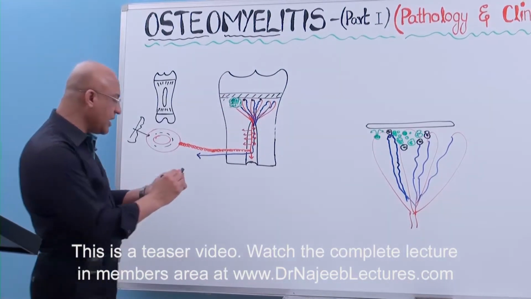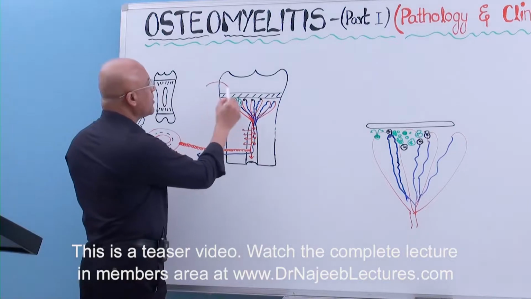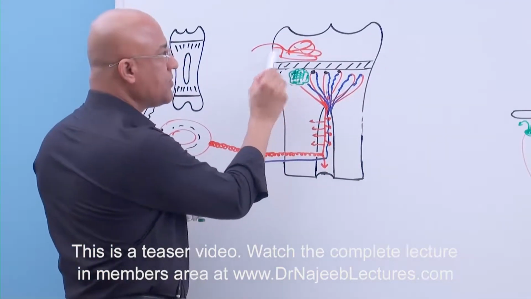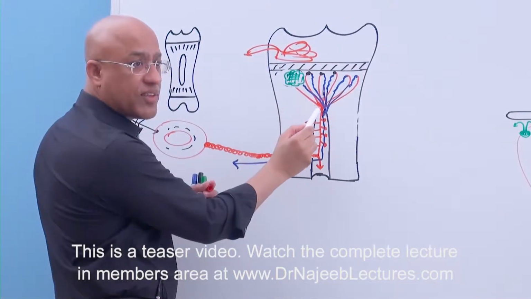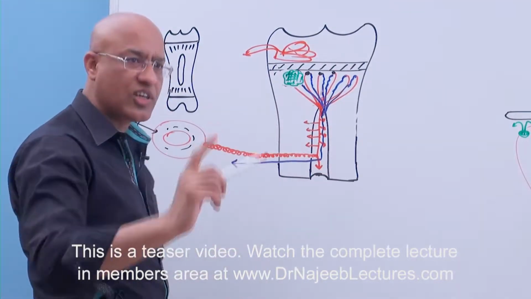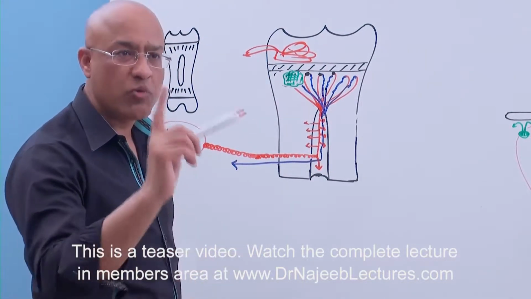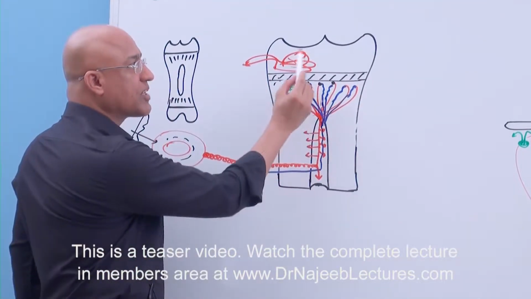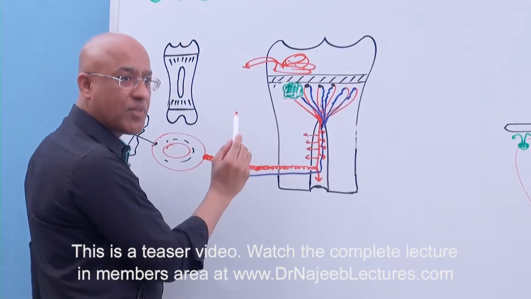There are epiphyseal vasculature also. You understand? There are epiphyseal vessels also, there are metaphyseal vessels also. But in a growing child who is more than 1 year old, this vascular system does not have any connection with the epiphyseal vascular system.